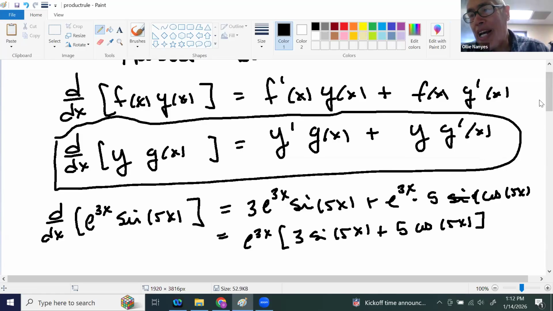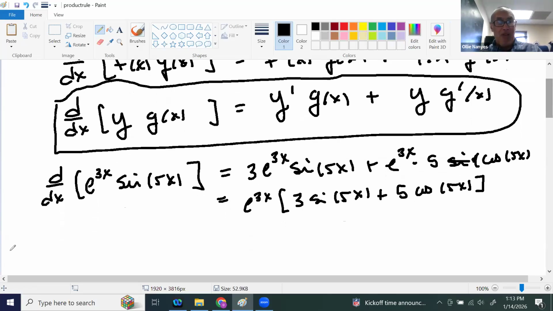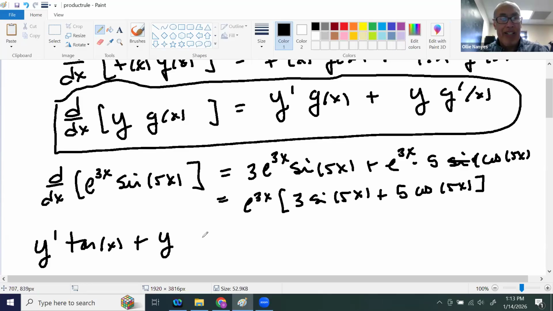But how we're going to actually see it, at least a lot of the time, is in this thing here. So you might have an expression, something that looks like this. You might have a y prime, and let's make this something like tangent of x plus y times some function here.